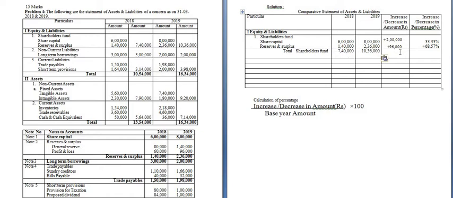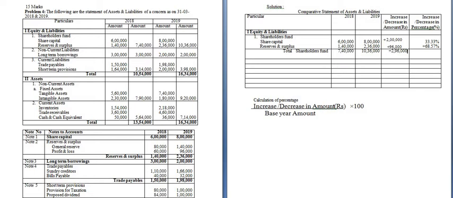Now next one is we have to find out the amount of increase or decrease in the total shareholders fund. Okay. From 7,40,000 it has increased to 10,36,000, which is nothing but amount of total shareholders funds is increased by 2,96,000.